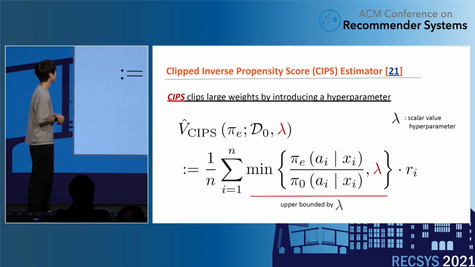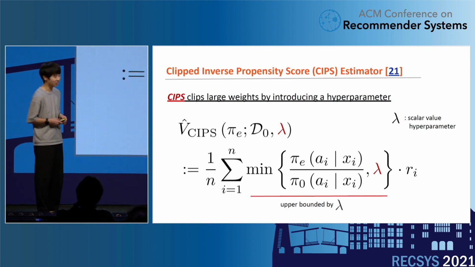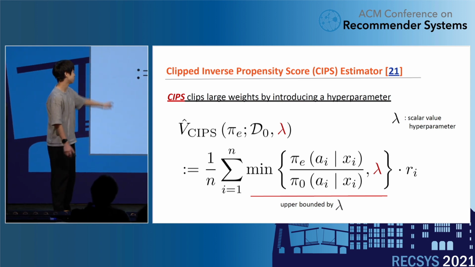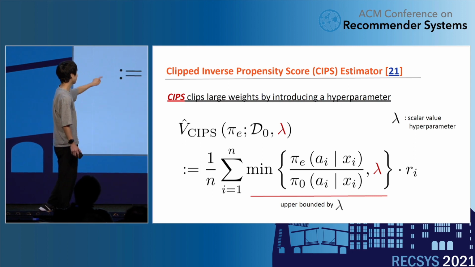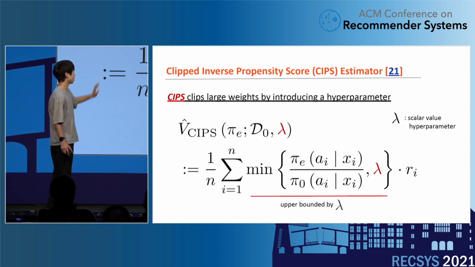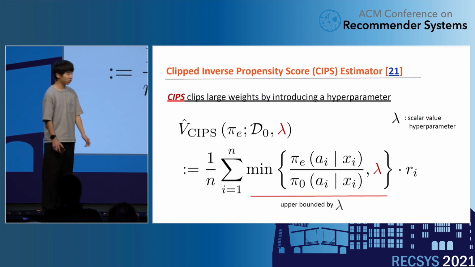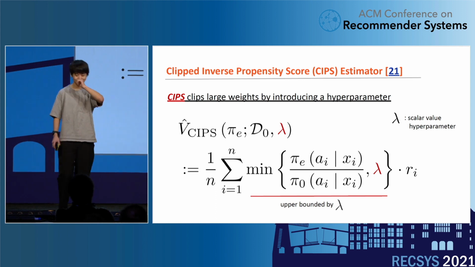Here's the definition. You see a little modification from the vanilla IPS. The original IPS uses the true importance weight, but ClipIPS upper bounds the huge importance weight by a pre-given hyperparameter lambda.